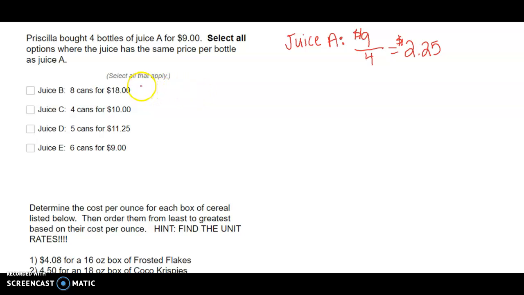So for juice B, we're going to do 18 divided by 8. And you get 2.25. So that matches juice A. So that is one option. And then we do 10 divided by 4. And we get 2.50. So that is not an option. 11.25 divided by 5.